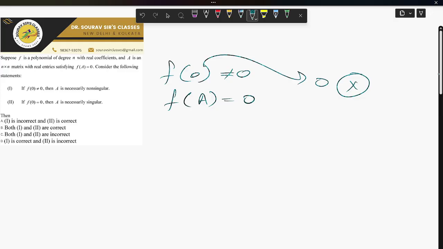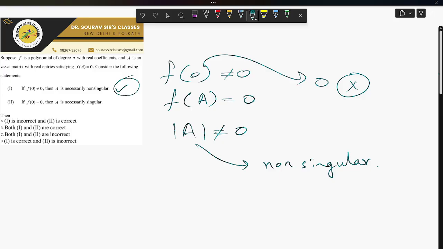So 0 is not an eigenvalue of A. Thus the determinant of A can never be 0, so A will be non-singular. So our first statement, statement 1, is absolutely correct.